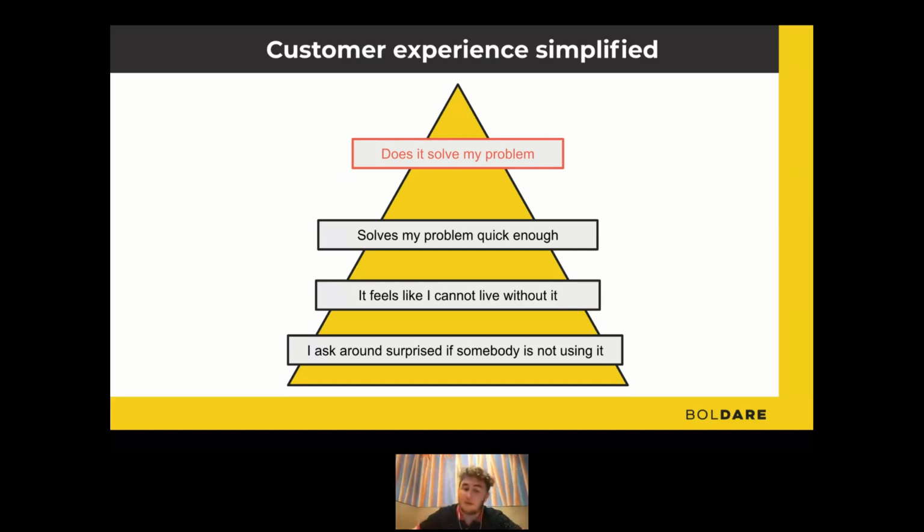But then there is another huge step, and not everyone knows how to get there, or some people do get there and cannot explain it. It feels like the customer cannot live without it. And then there's this Netflix kind of feeling, that you talk about it, you ask your friends, like, what do you watch, etc. So that's completely another level.